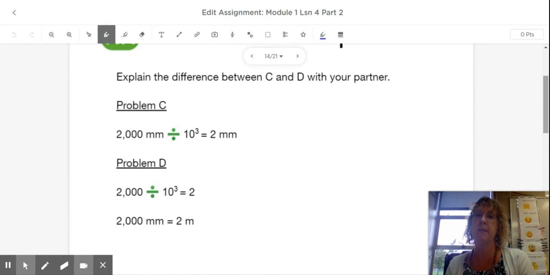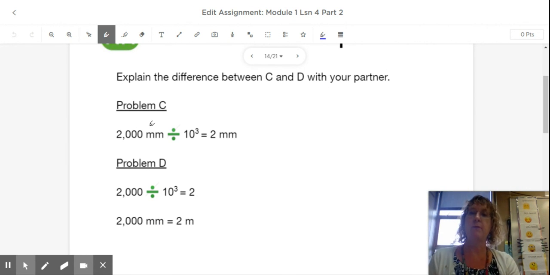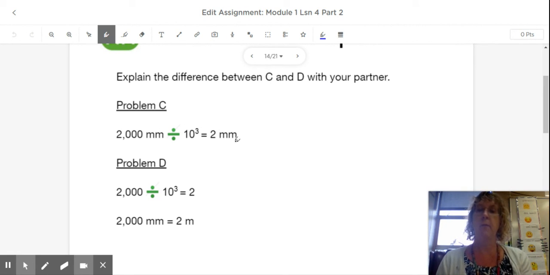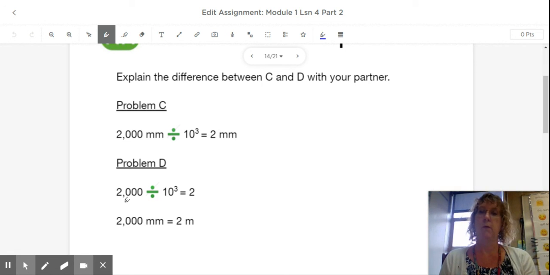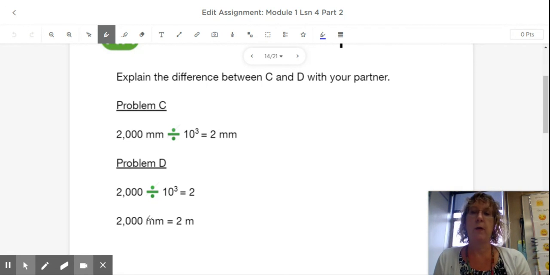So let's look at these two problems, okay? In this case, we have 2,000 millimeters and we're dividing it by 1,000 and we're left with 2 meters. In problem D, it's all about what we label it, right? Millimeters, meters. These are exactly the same.